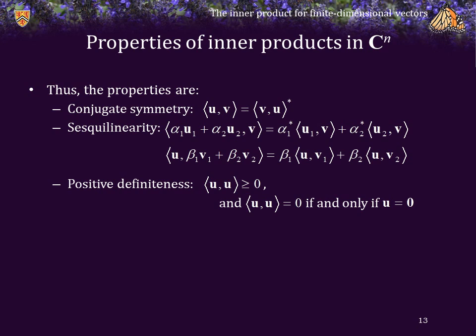It is not bilinear anymore because now if the scalars in the linear combination of the first vector are complex, when they come out of the inner product, we will actually be taking out their complex conjugates. So this is described as sesquilinearity. Sesqui means 1.5 in Latin. So it's not quite bilinear, it's just less than bilinear. However, fortunately, the inner product is still positive definite, so that is good.